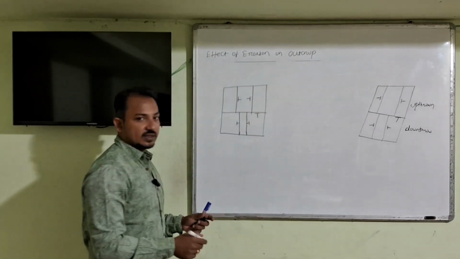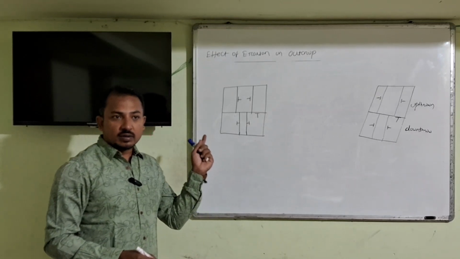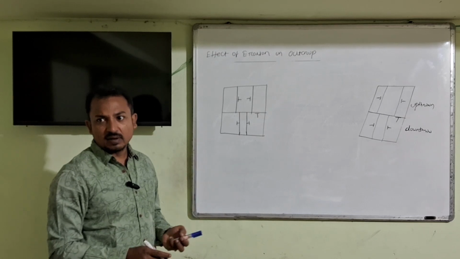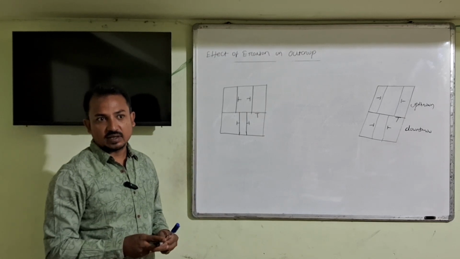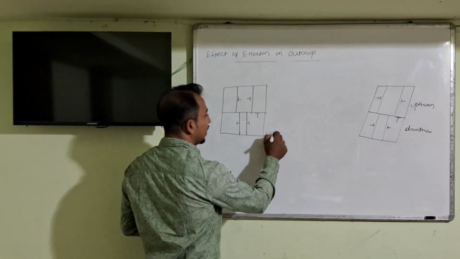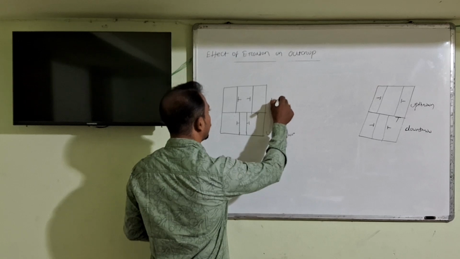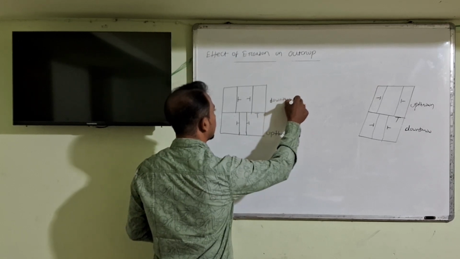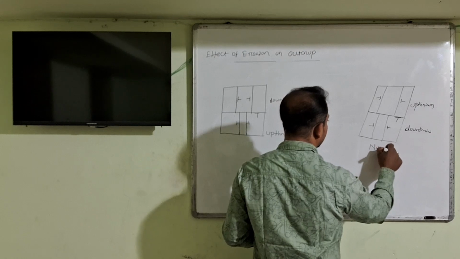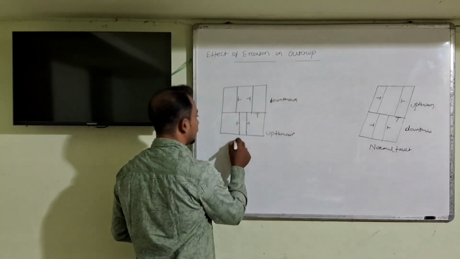So in the synform case, the upthrown side will have narrower outcrops. This will be your upthrown part and this is your downthrown part. So in the antiform case it is a normal fault, and this is your reverse fault.